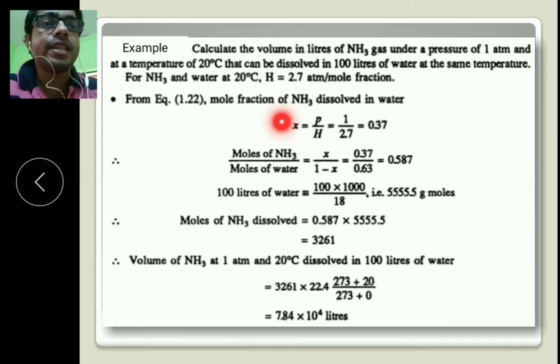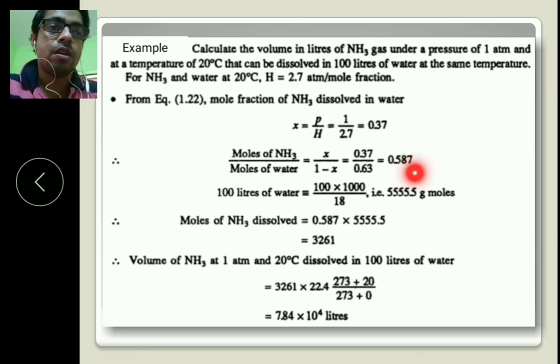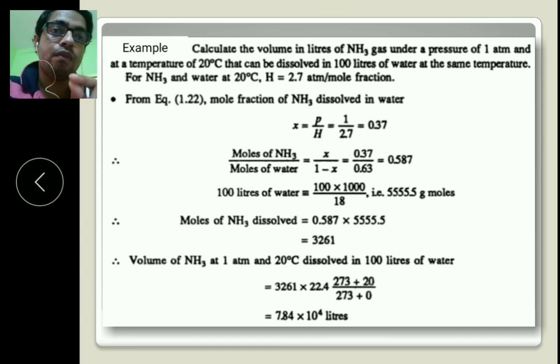Now X means mole fraction, that is moles of ammonia divided by moles of ammonia plus water. To make it moles of ammonia per mole of water, it equals X/(1 - X). Putting in the value of X, we get 0.587. Now 100 liters of water, to make it cc we multiply by 1000, and in CGS the molecular weight of water is 18 grams, so we divide by 18.